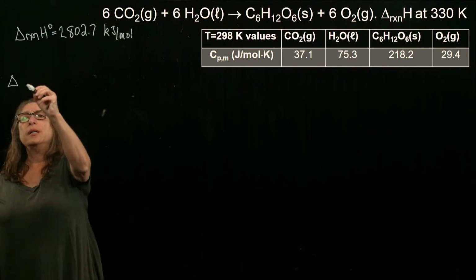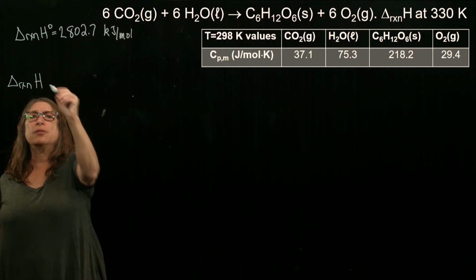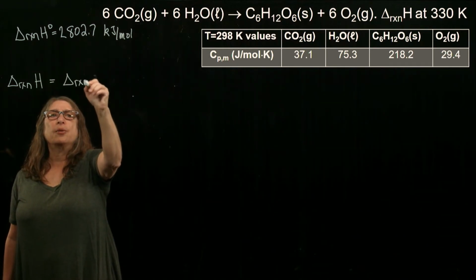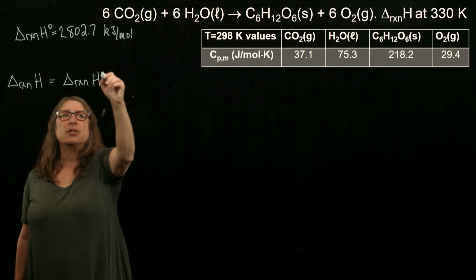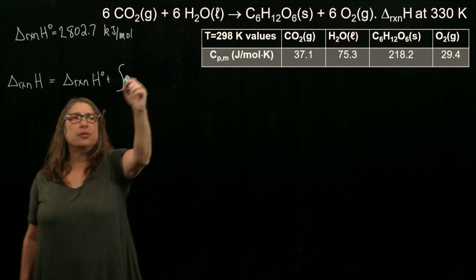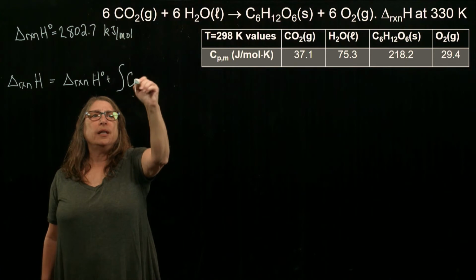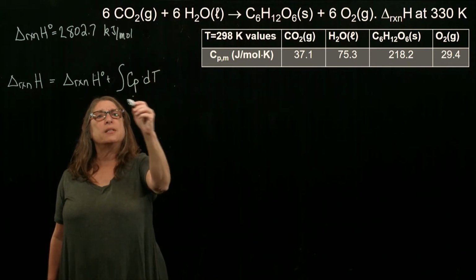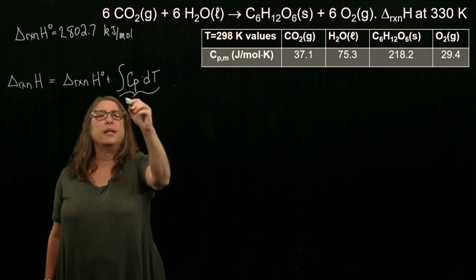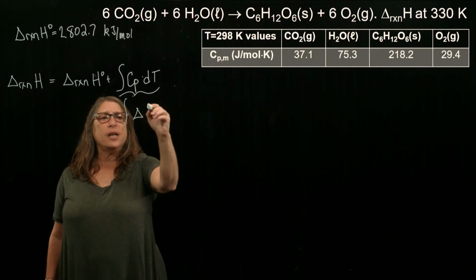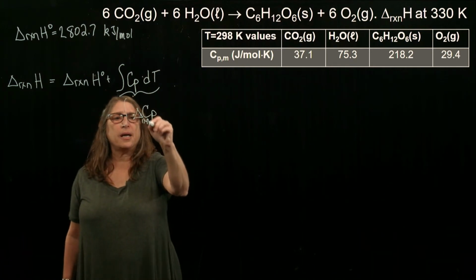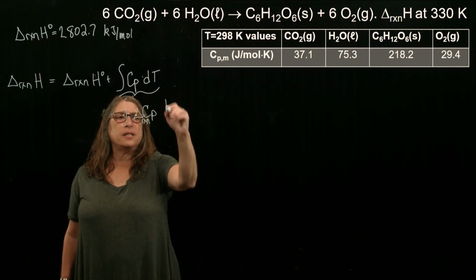So we discovered earlier that the enthalpy of reaction under non-standard conditions is the enthalpy for the reaction under standard conditions plus the integral of the heat capacity times dT. And because this is a reaction, I can actually get the change for the reaction in the heat capacity times dT.